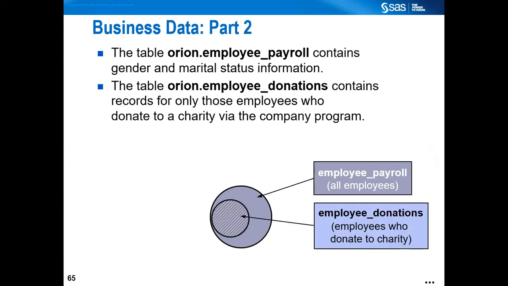Hence, they are showing this small data in its center, because it's subsetting data. Why is it subsetting? Because payroll is a huge table. Among payroll, not all might be donating. Some might be donating, some might not. So you have a donation data separate, which is a part of your employee data.